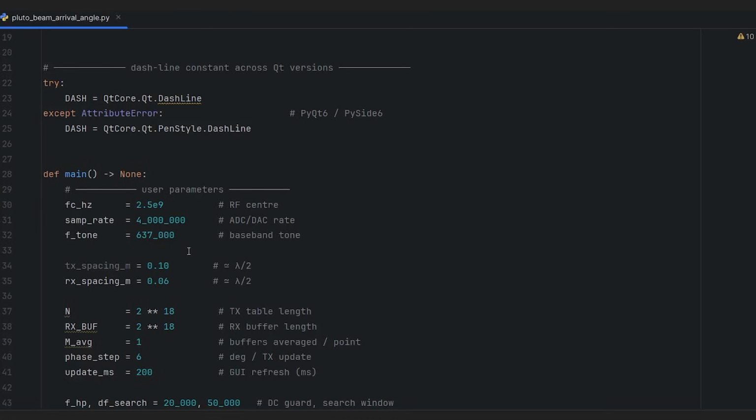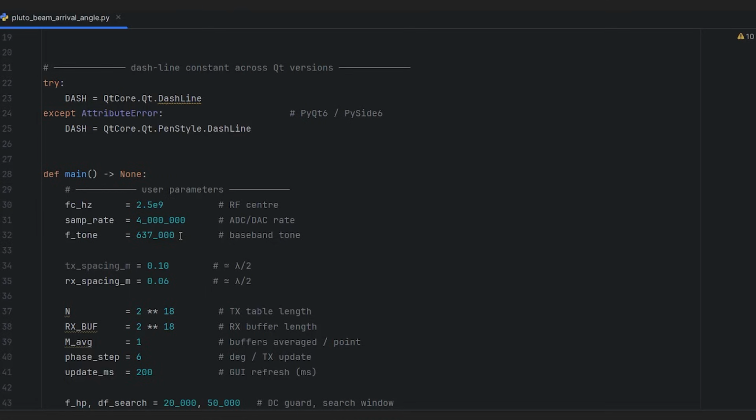First, as always, we need to define some parameters. For instance, the carrier frequency, which in this case I set to 2.5 gigahertz, our sample rate, or the tone that we want to send.